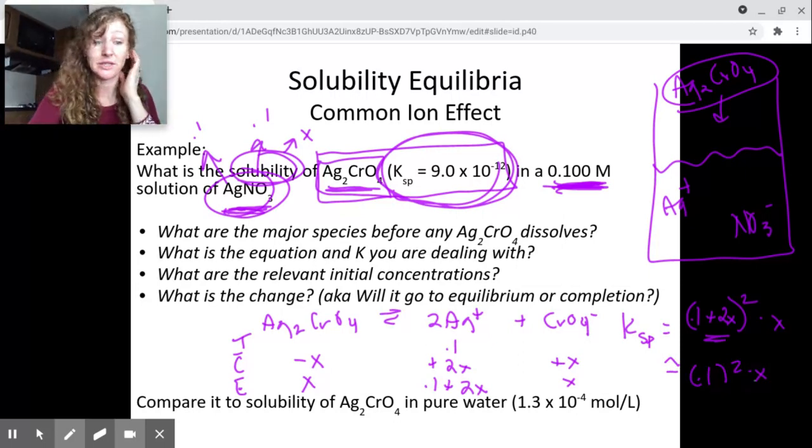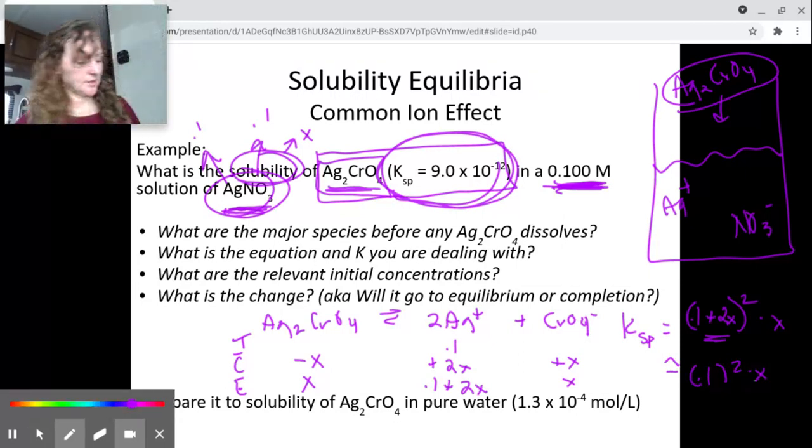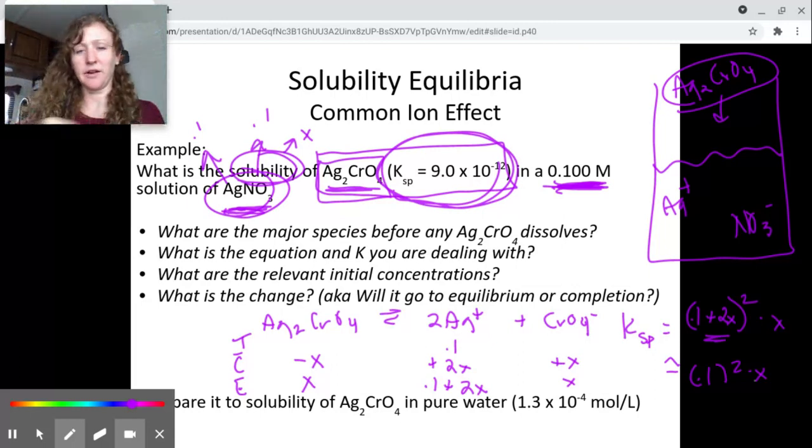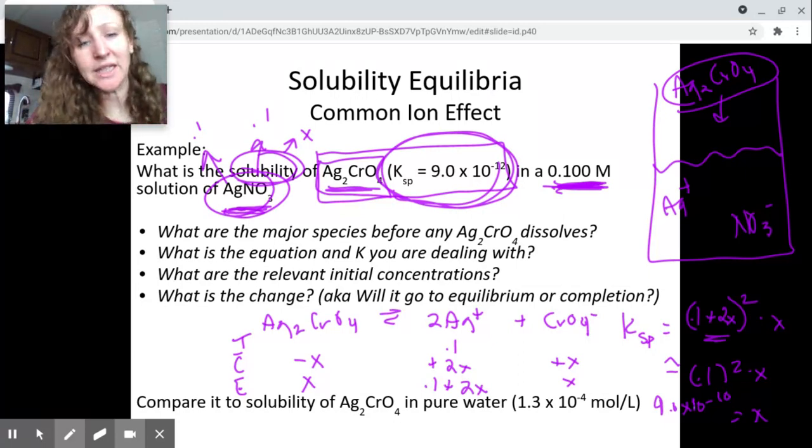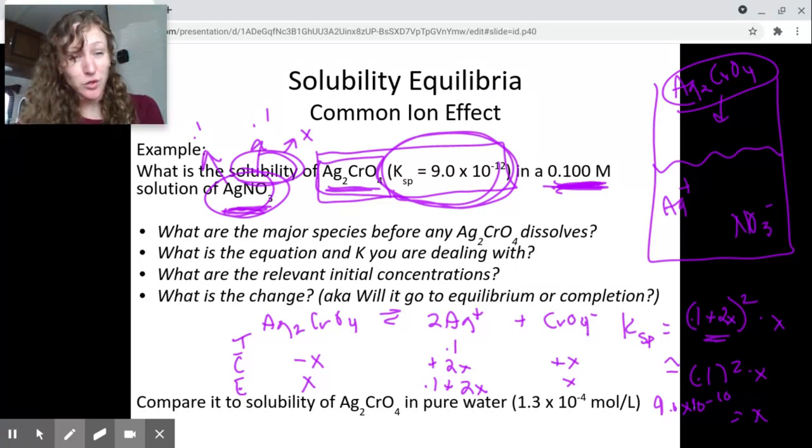Okay, now let's do the calculation. Yes, X is going to come out to be very, very small. X is going to be equal to 9.0 times 10 to the negative 10. Very small. So there's my solubility of silver chromate in this silver nitrate solution.